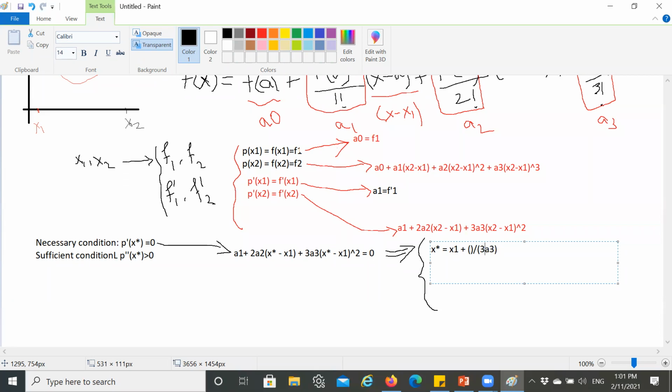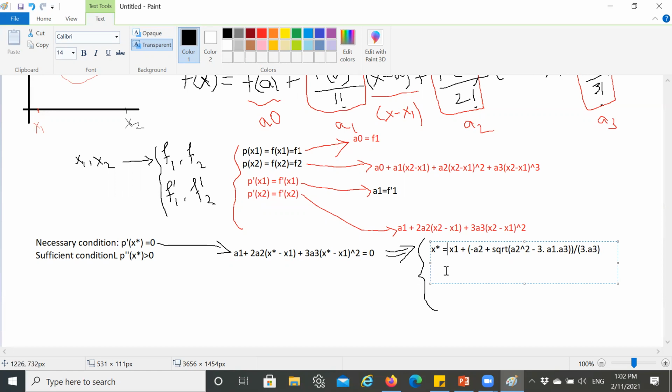So 3 dot a3 means 3 times a3, and in the numerator, what we would have is minus a2 plus square root of a2 square minus 3 times a1 times a3. Okay, so this would be in the numerator.